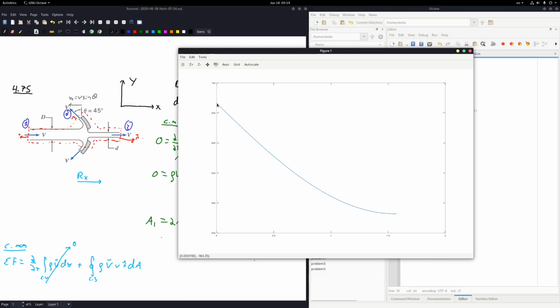The reaction force that we're going to get is about minus 183. And as we slowly start to increase the angle, more water is going to shoot back, which means we're going to require a greater force in the x direction, because it's going to have to oppose this momentum of fluid. So as we increase the angle, we start to get a greater reaction force in the x direction.